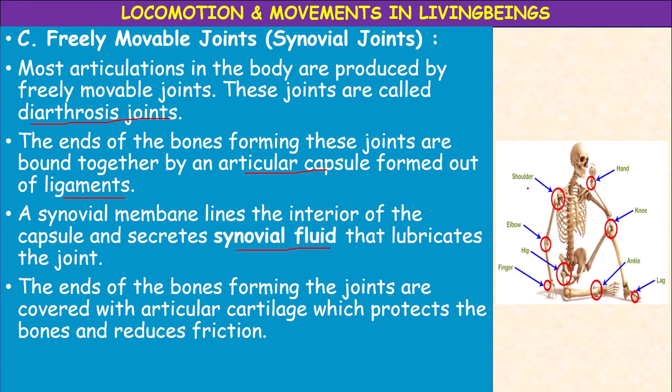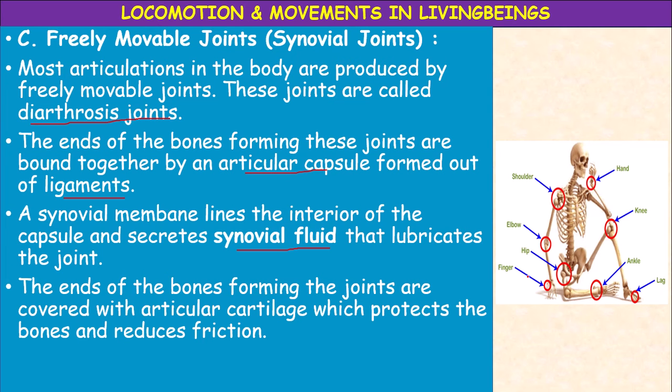The joint present at the shoulder is a ball and socket joint. At the elbow, a hinge joint. At the knee, a hinge joint is present. Gliding joints are present in the ankle and in the wrist.